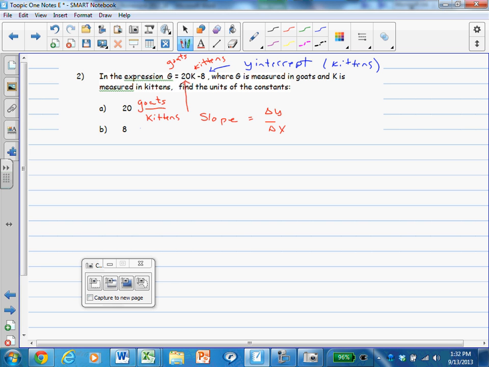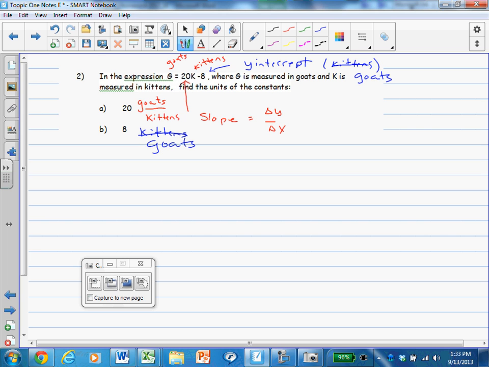Kittens. What? It is goats, I'm sorry. Good catch, though. No, it's just goats. It's negative 8, but the units is goats.